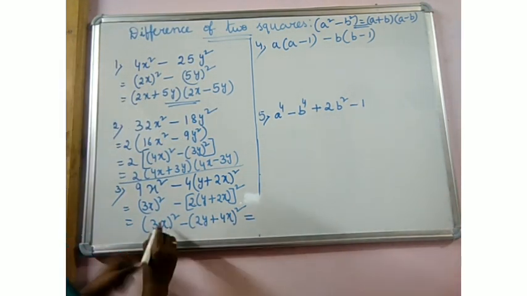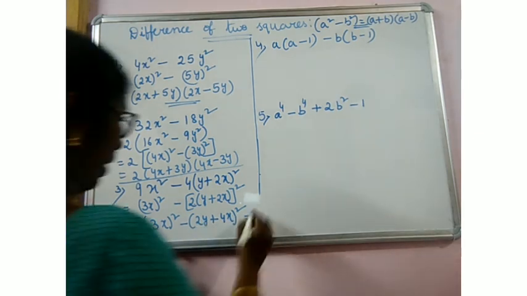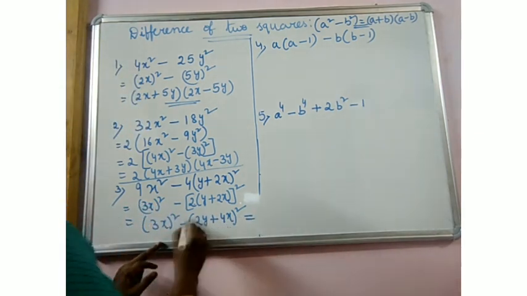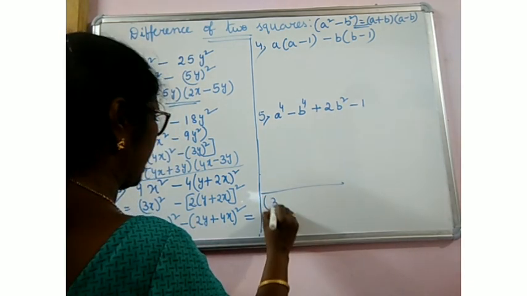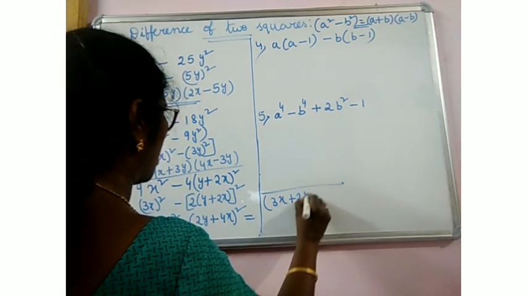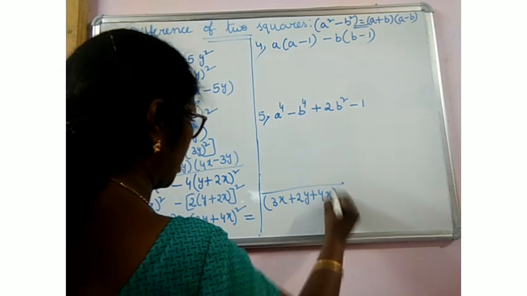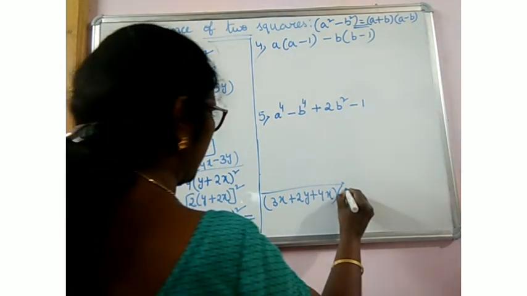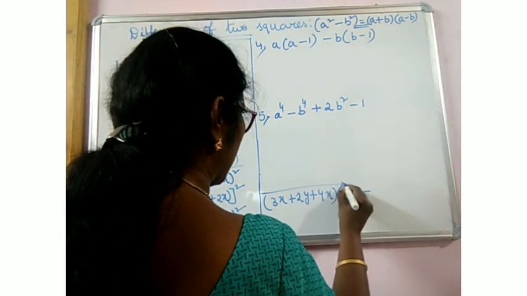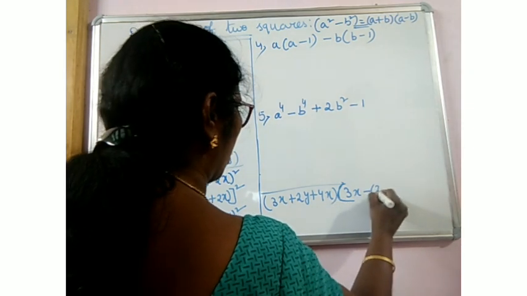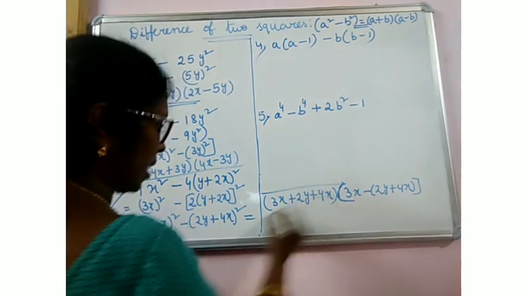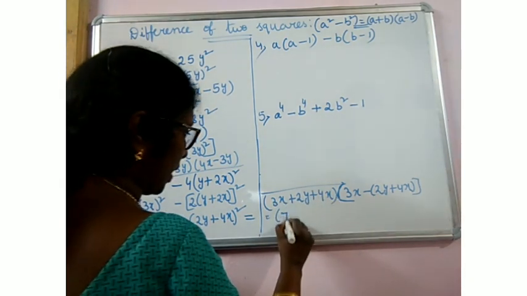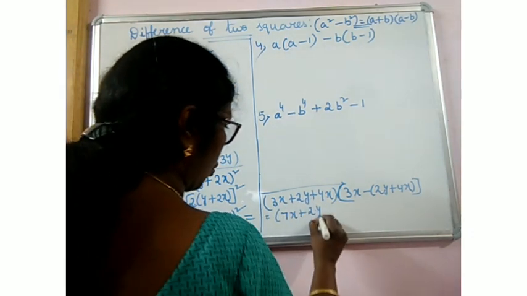This is like a, this is like b. A plus b into a minus b. So we will have 3x plus 2y plus 4x. Otherwise, minus means 3x minus, so let me write here 2y plus 4x. Both x are there, you see. 3x plus 4x is 7x plus 2y.